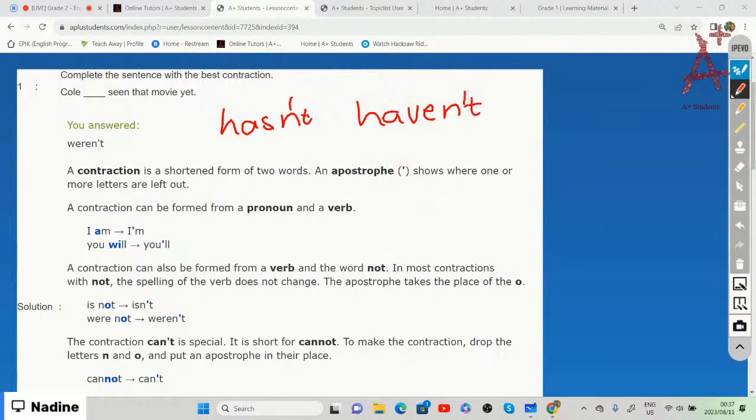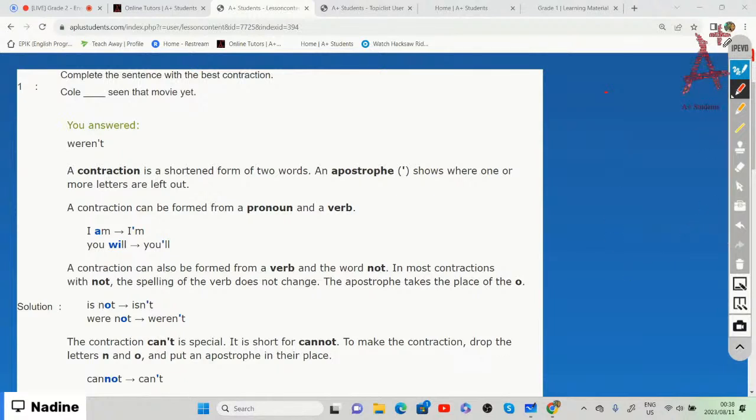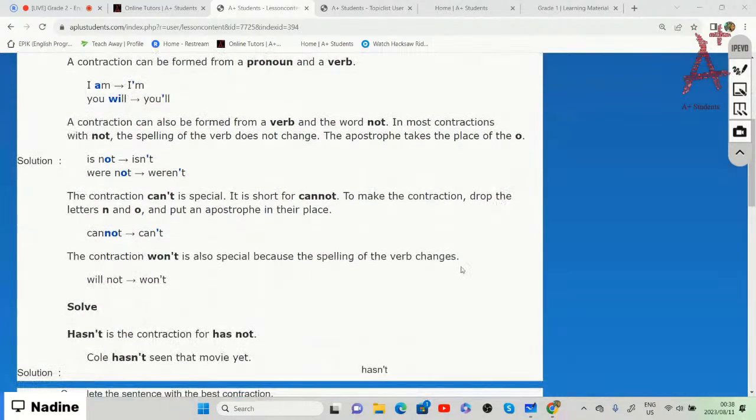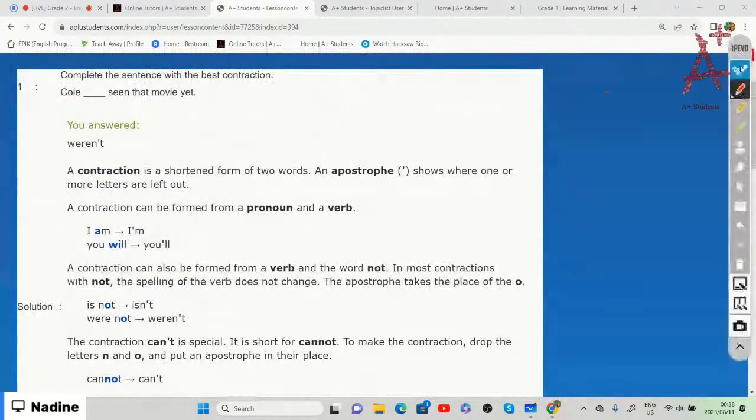We need to choose between these two words. Cole hasn't seen the movie yet, or Cole haven't seen the movie yet. In this case, we will use the word hasn't.